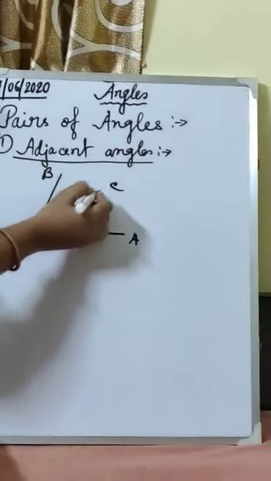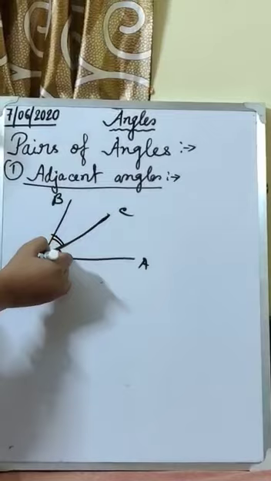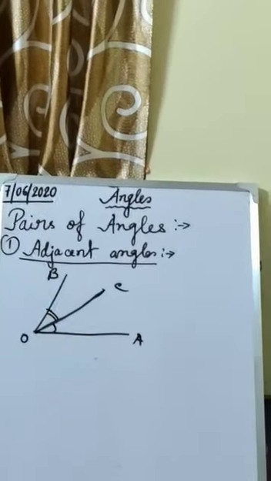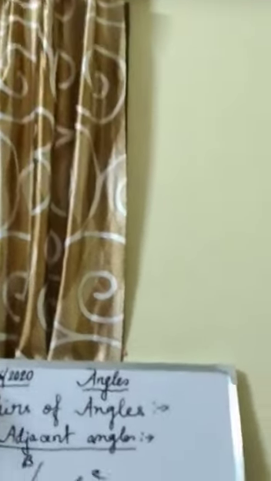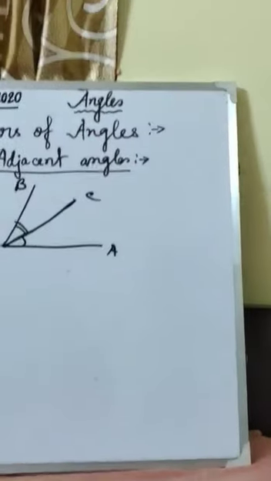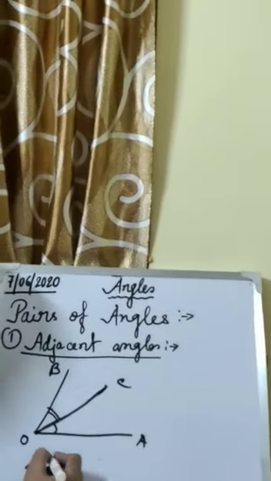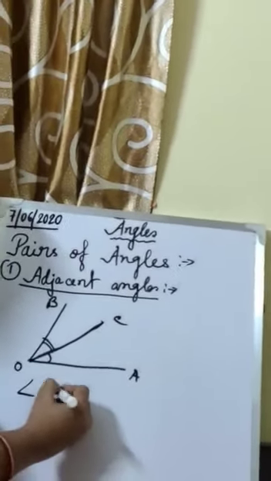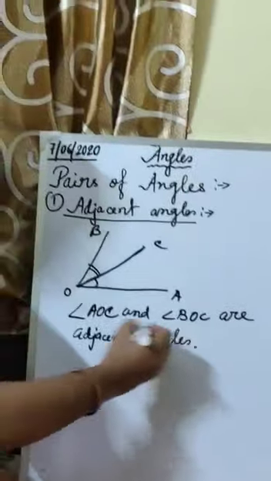Both angles have the common arm OC and the common vertex O. So these two angles are known as adjacent angles. Here you can say that angle AOC and angle BOC are adjacent angles. Right?